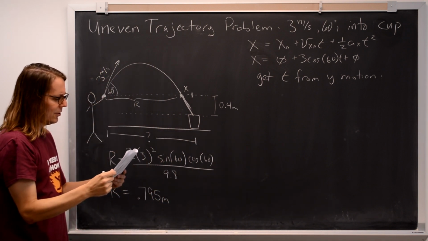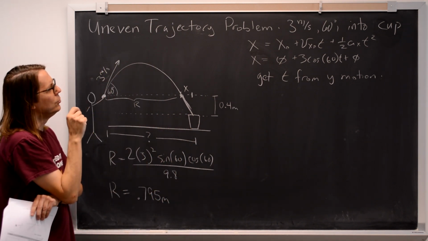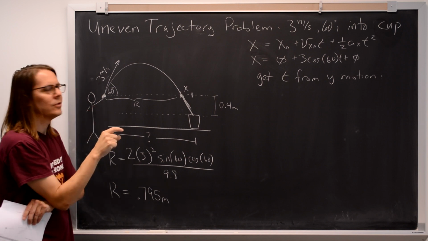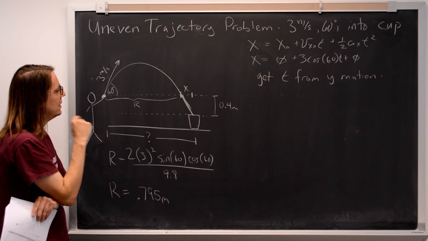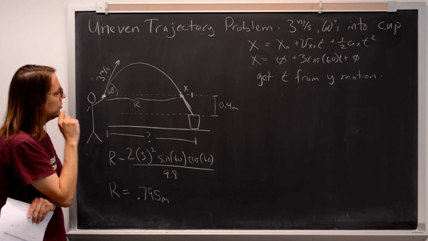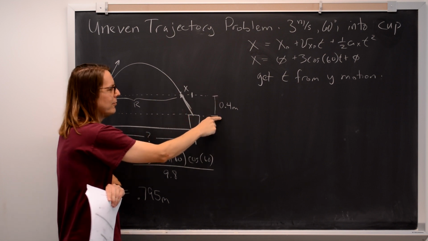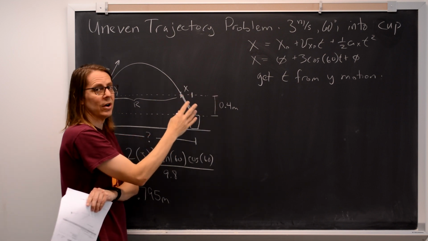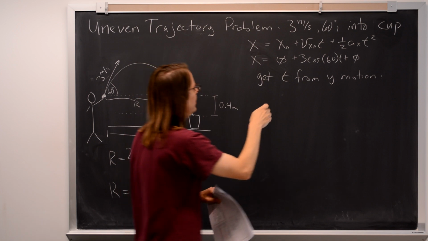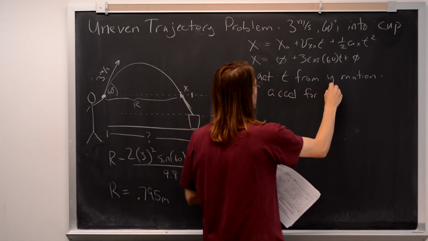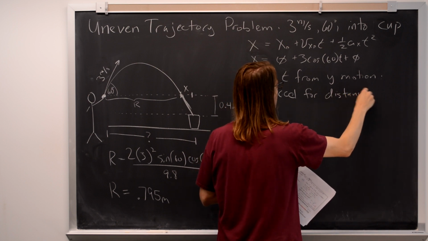I found it more successful to jump to the combo equation, vf squared equals vi squared plus 2ad, because in the y we're accelerating for a known distance, 0.4 meters. We're not accelerating for a known time. So when you accelerate for distance, that's the one.